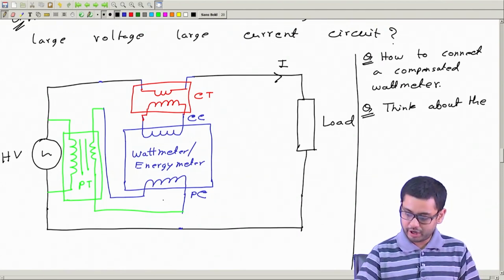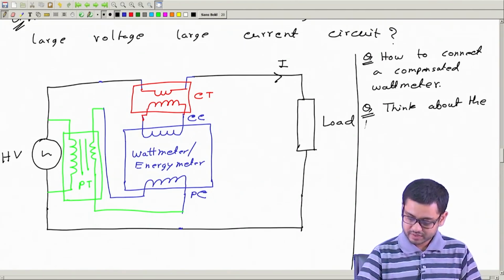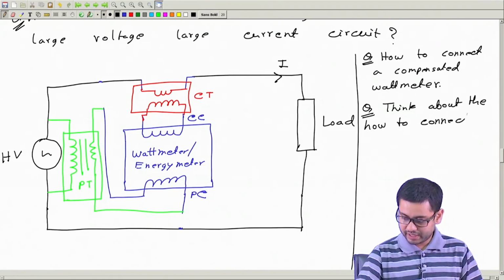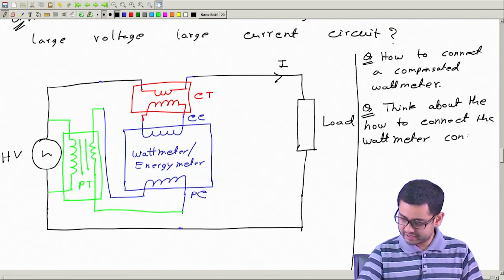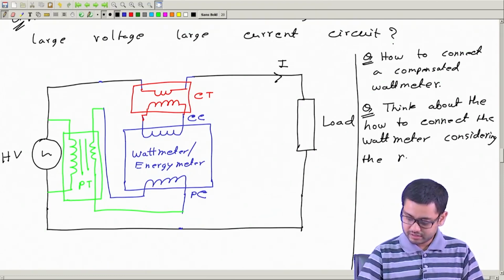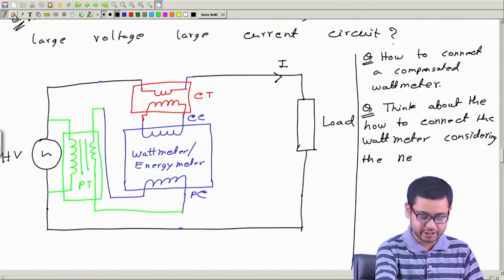So think about how to connect the wattmeter considering the possible negative reading.